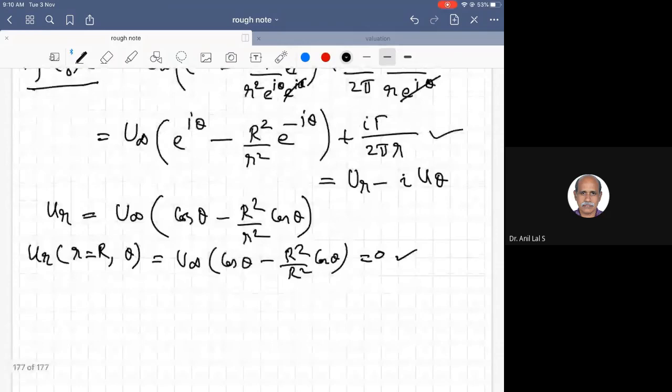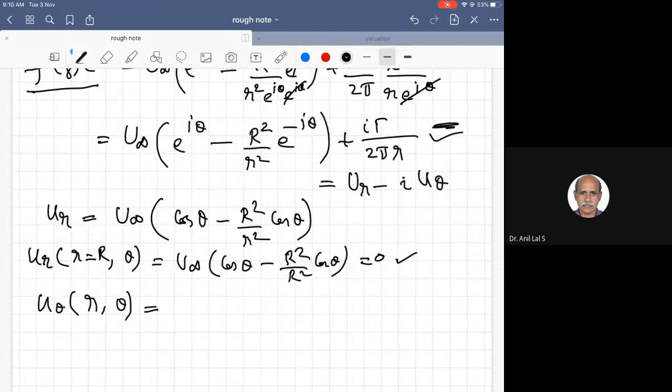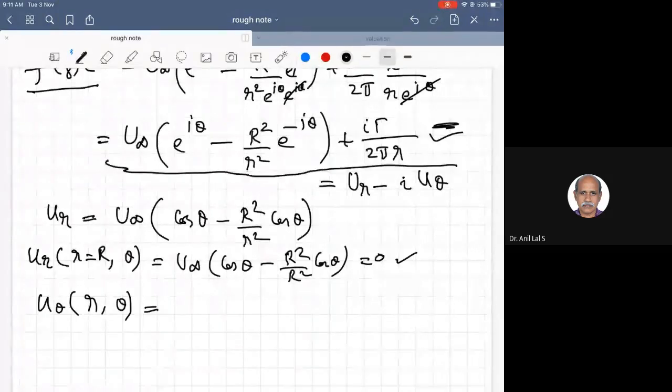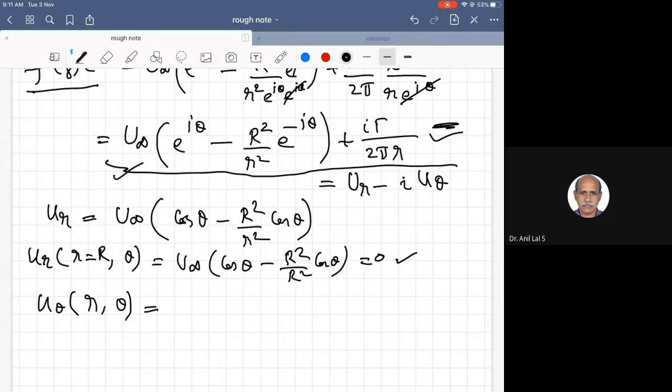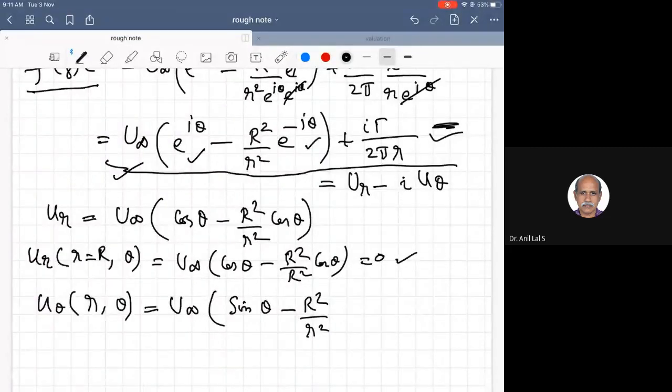So we can find out the tangential component of velocity, u theta, as a function of r and theta, and that is the imaginary part of this equation. So u infinity into the imaginary part of e raised to i theta is sin theta, minus r squared by r squared, and here the imaginary part is minus sin theta.